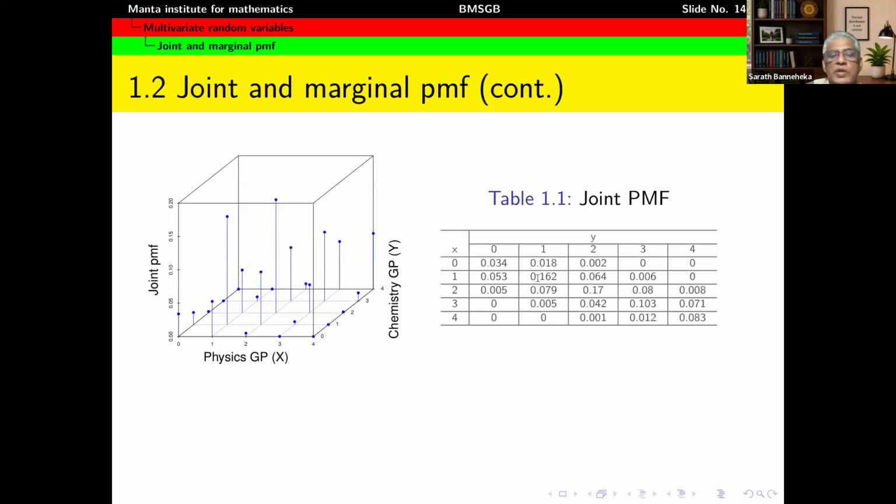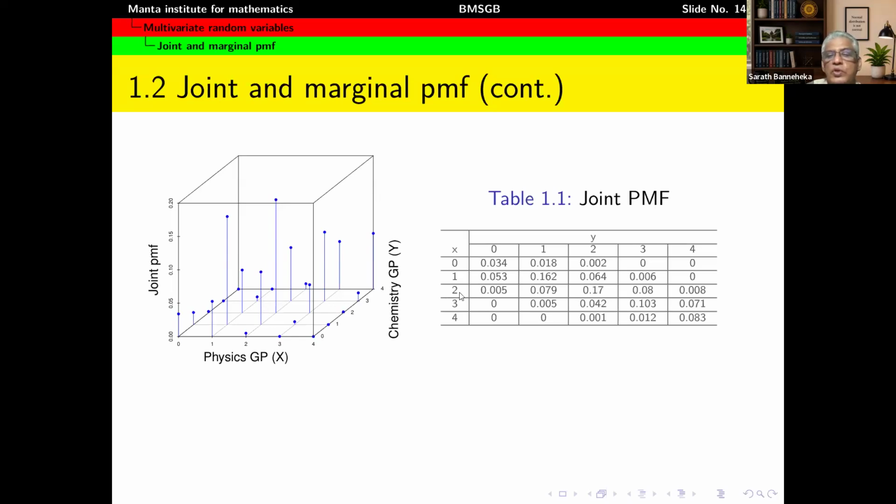So that again tells you that those who get GP 1 for physics have the highest tendency to get GP value 1 for chemistry as well. So this shows a very strong relationship between the GP values of physics and chemistry. Right? And the same pattern actually exists for the other cases also.